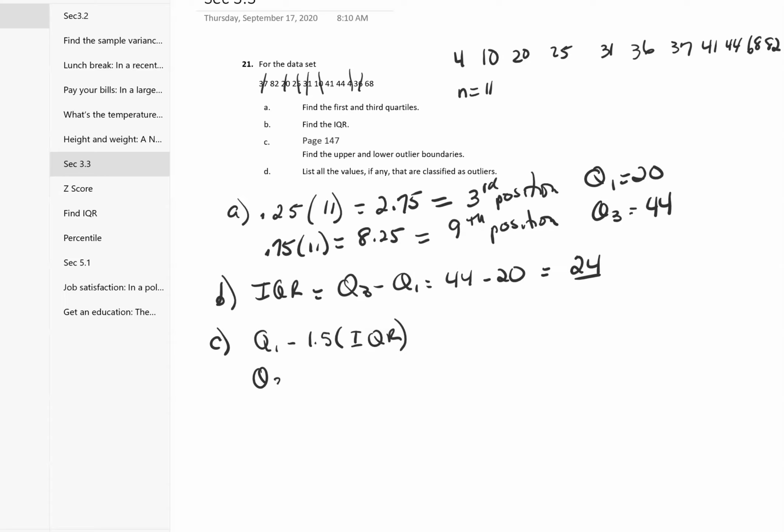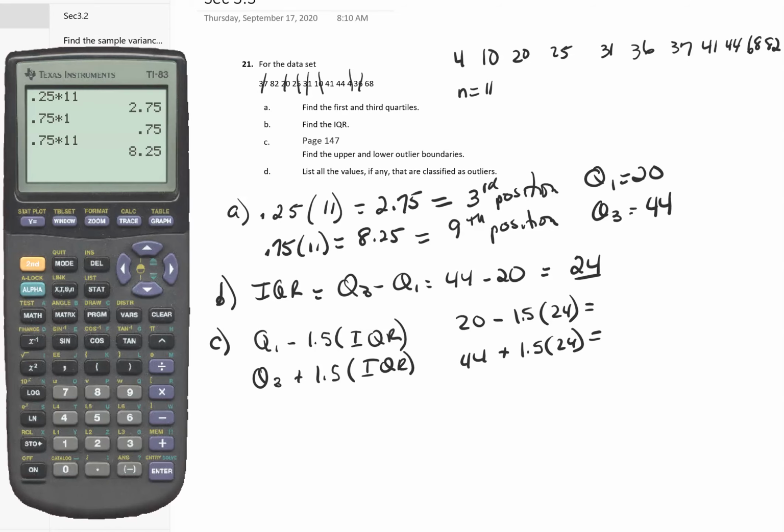And then the upper boundary limit is going to be Q3 plus 1.5 times IQR. So it's going to be 20 minus 1.5 times 24. This one is going to be 44 plus 1.5 times 24.